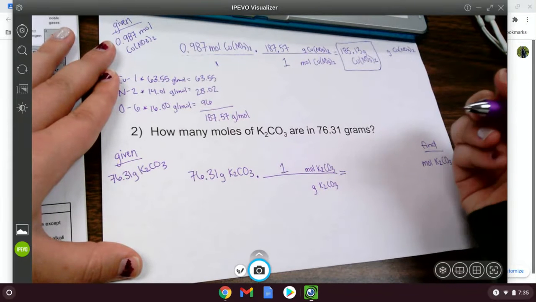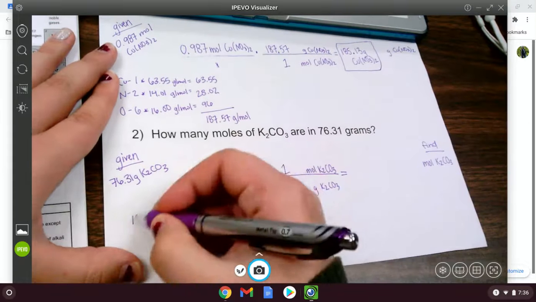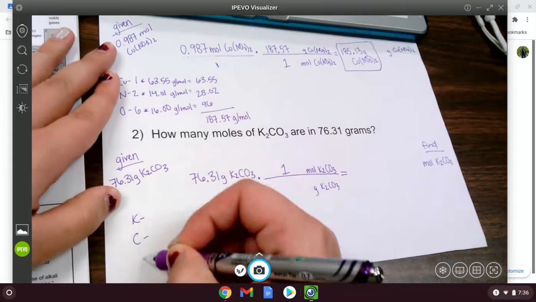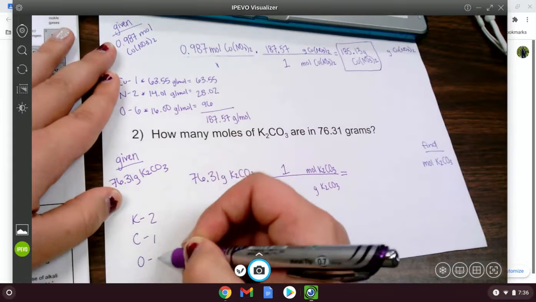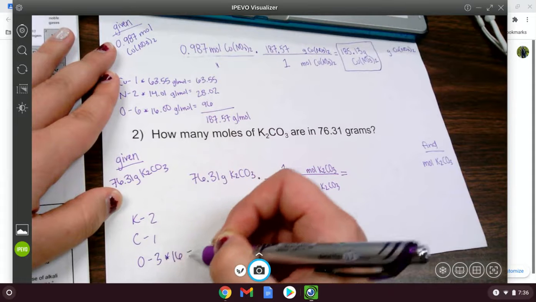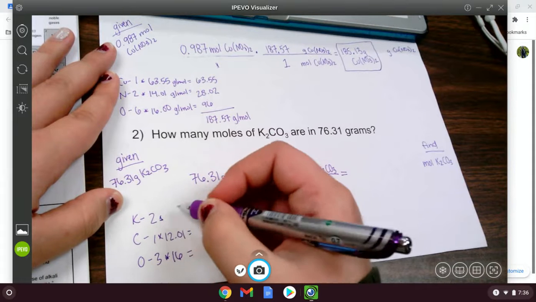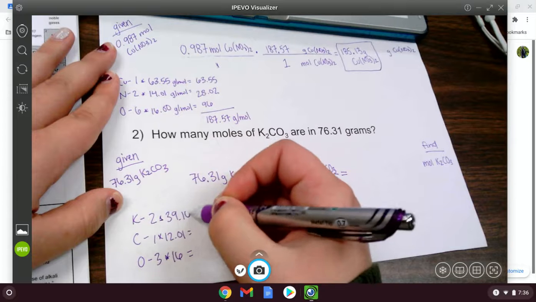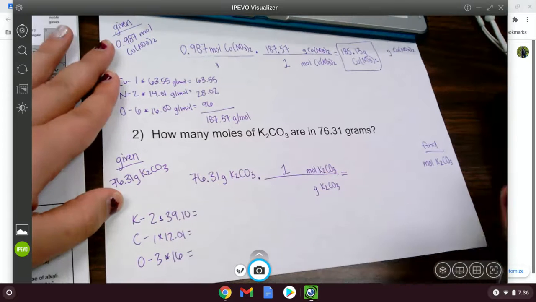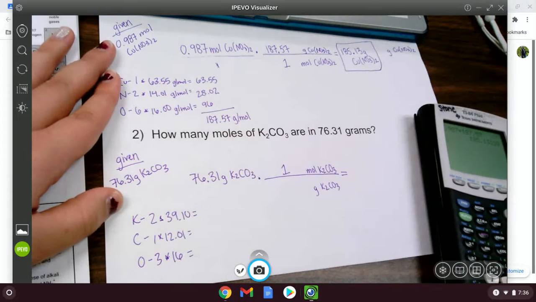Now that we're here, time to calculate some molar mass. So I'm going to list these out. 3 times 16, 12.01. Potassium is 39.10. And, I'm not doing units on this, but in my final answer, I will.